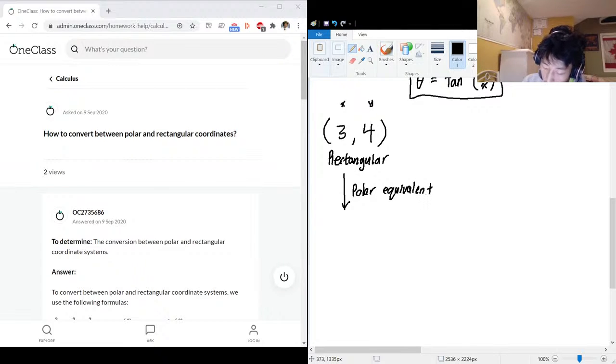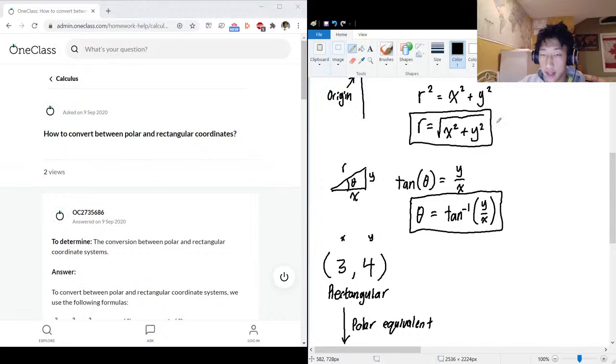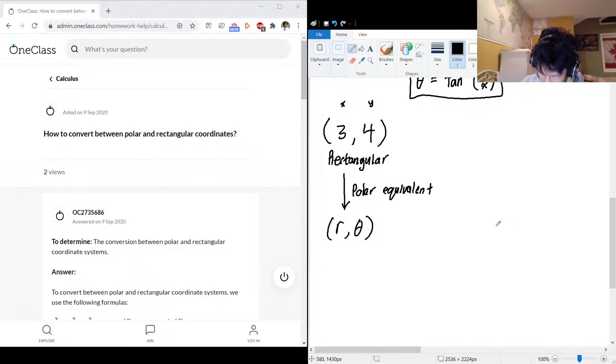We know our polar equivalent is going to be r, theta. We know that r is equal to the square root of x squared plus y squared, and our theta is inverse tan, also known as arctan, of y divided by x.